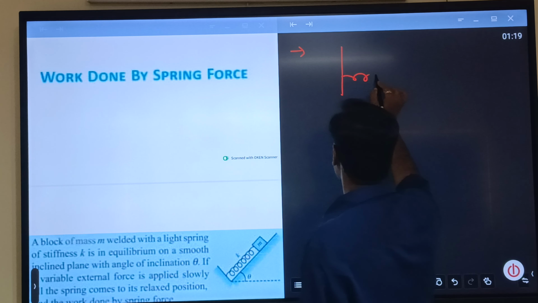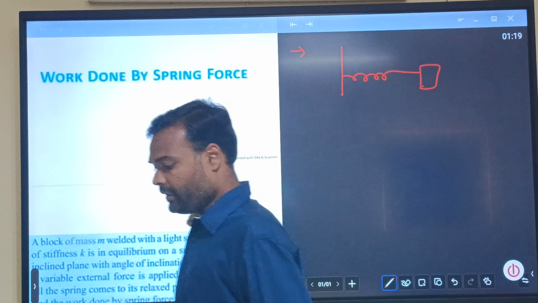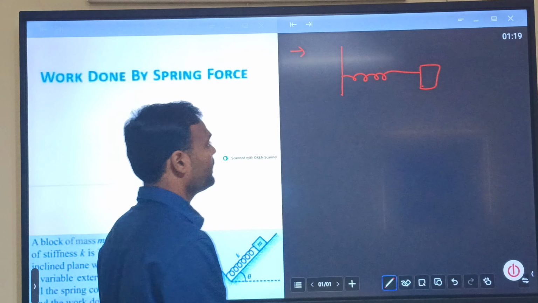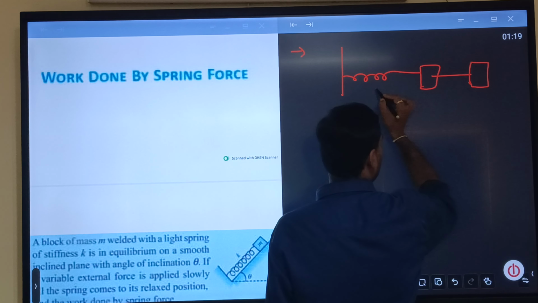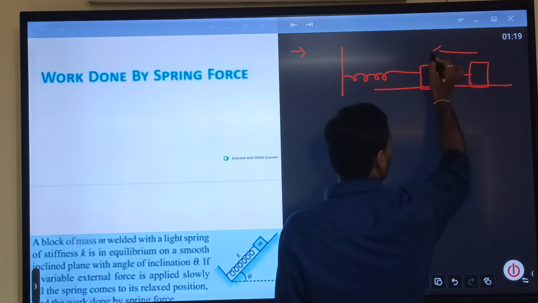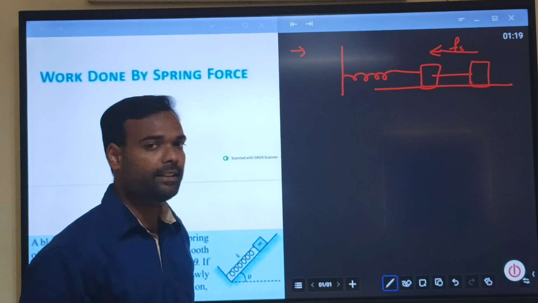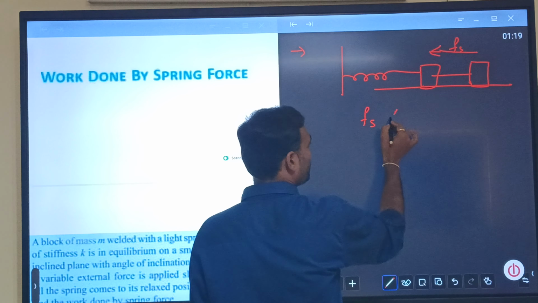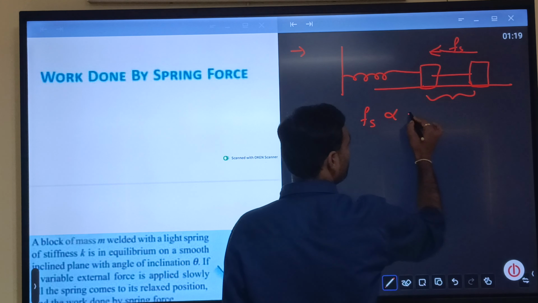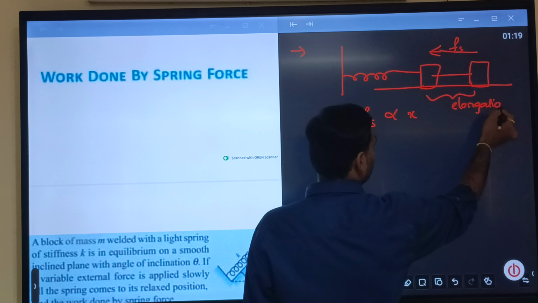Suppose here a spring is present. This is the spring, suppose, and if I am expanding the spring, obviously the spring will try to pull the object towards its original position with the Fs force. That spring force Fs is directly proportional to the elongation, right?